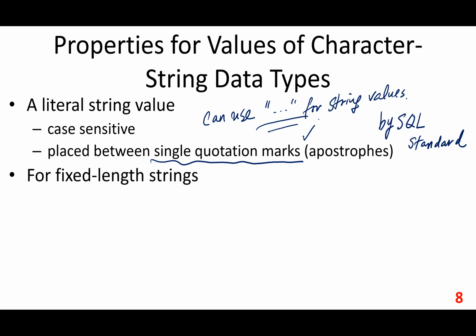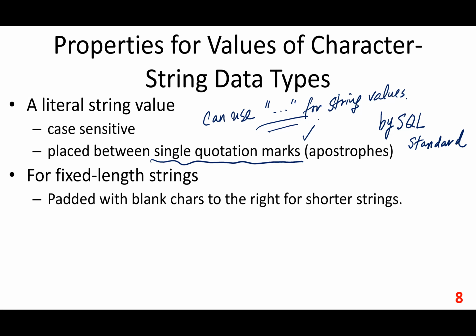For fixed length strings, shorter strings are padded with blank characters to the right. If you do not provide that many characters, I said before you'll probably get an error, but not error, padded, right? Padded with blank characters to the right, not to the left.